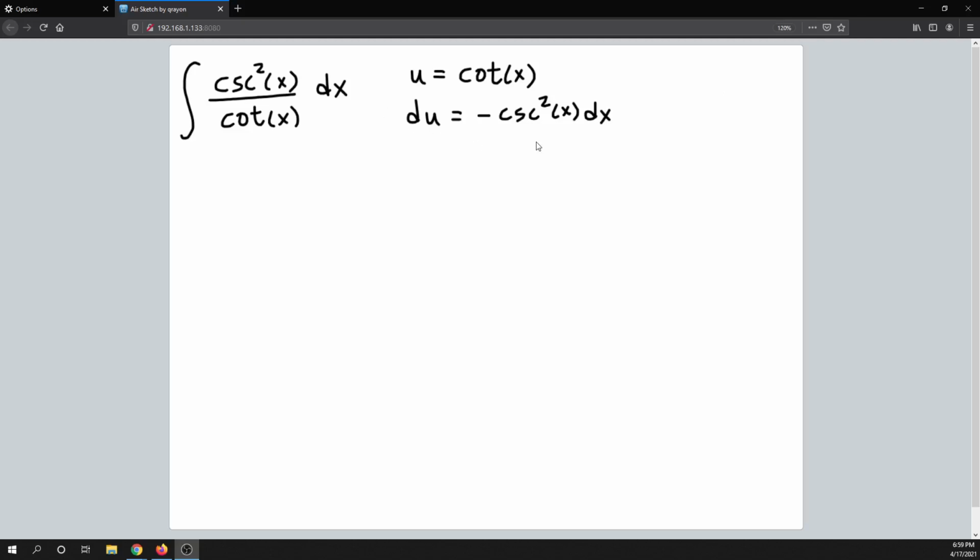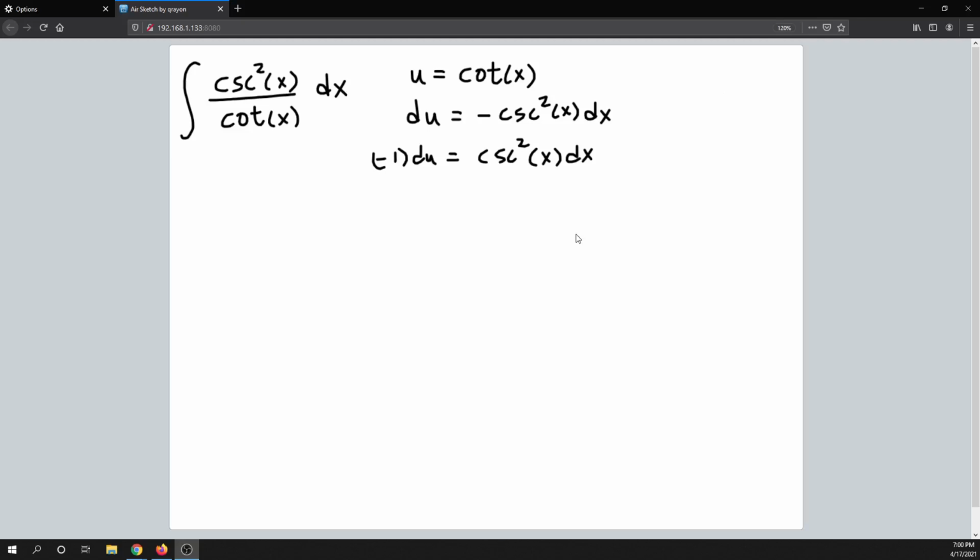Because what you would just do is multiply both sides of this second equation by -1. And on the left side, you have -1 du. Notice this side still only has the values of u in there. On the right-hand side, you have cosecant squared x dx. So all x's over here, all u's over here, and that's exactly what I have in my integrand. And so that looks really, really good.